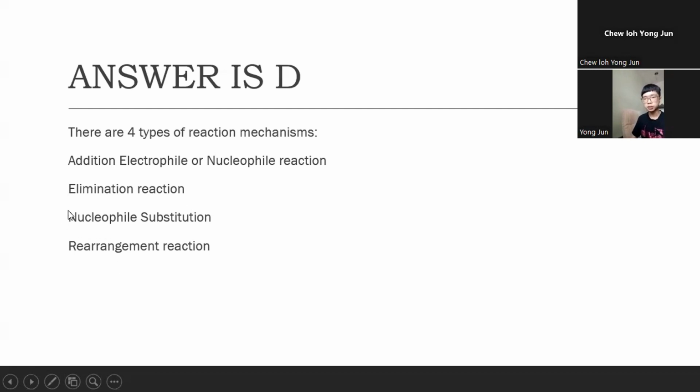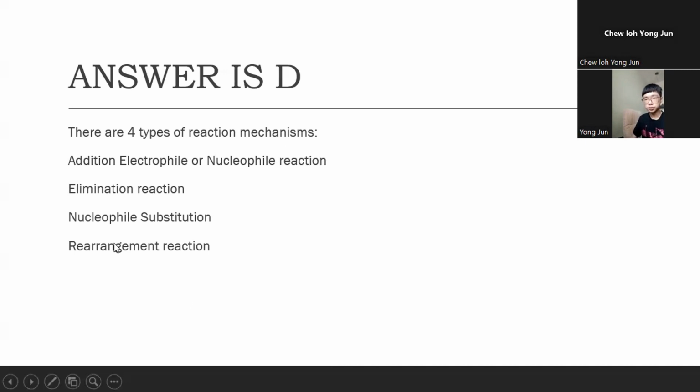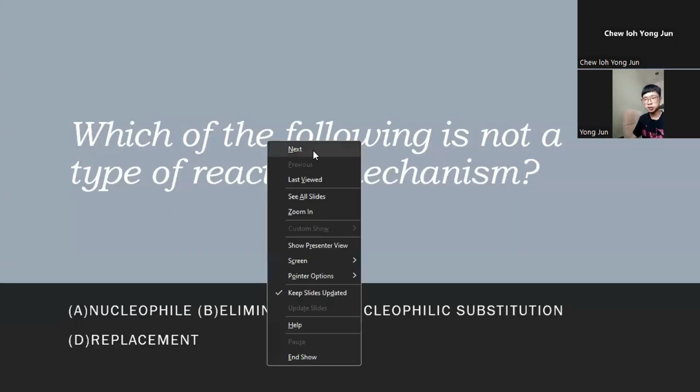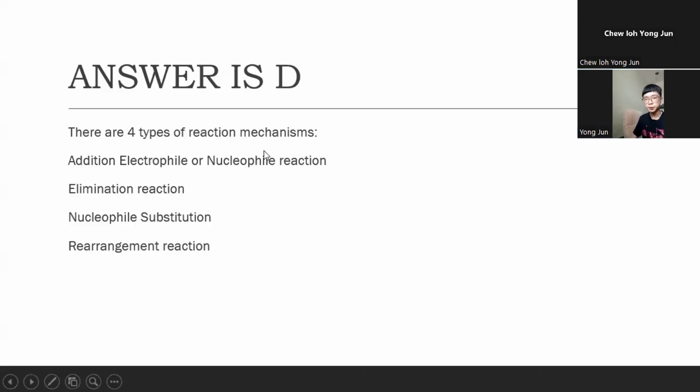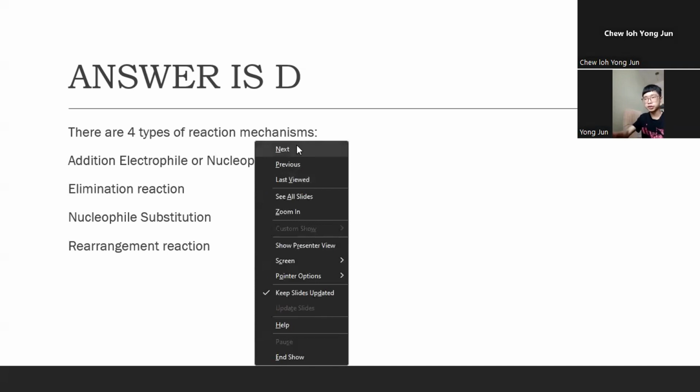The third one is nucleophilic substitution, and the last one is the rearrangement reaction. So these are the four types of reaction mechanism. There is no replacement, it is rearrangement. We rearrange, we don't replace something inside. We rearrange the structure.